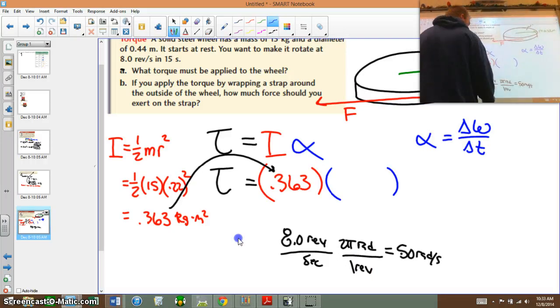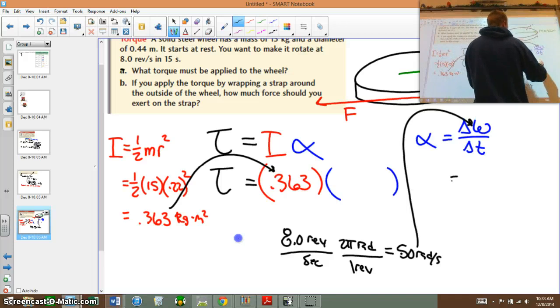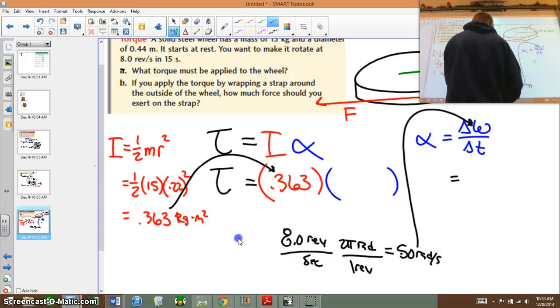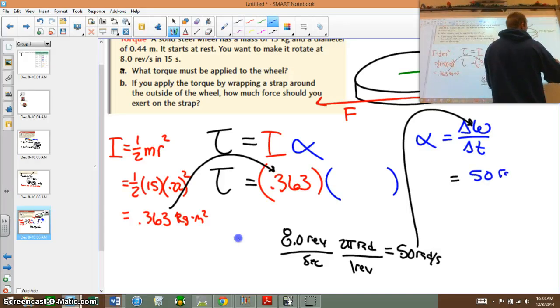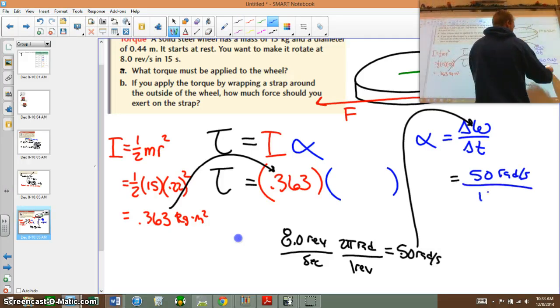So my change in angular velocity up here goes from 0 to 50. That's the change in angular velocity, 50 radians per second, in 15 seconds.